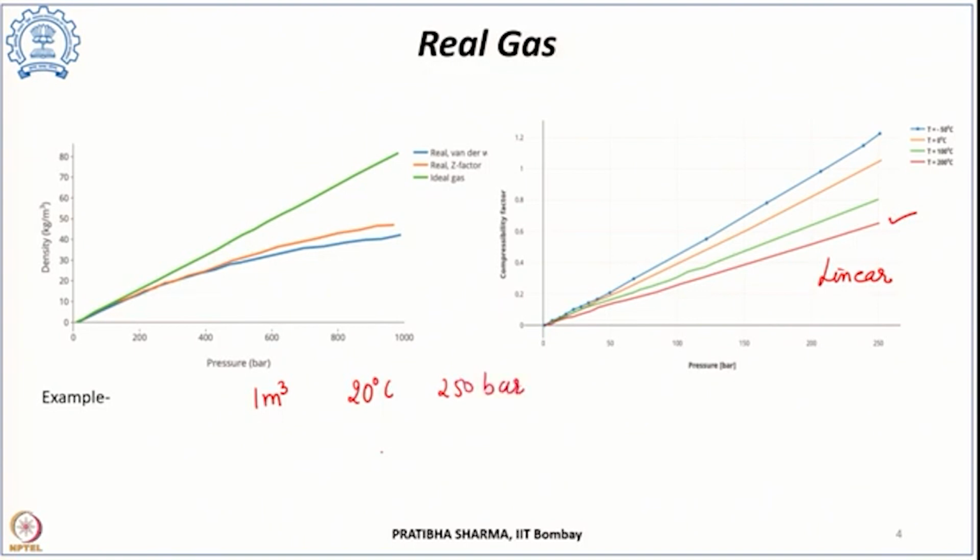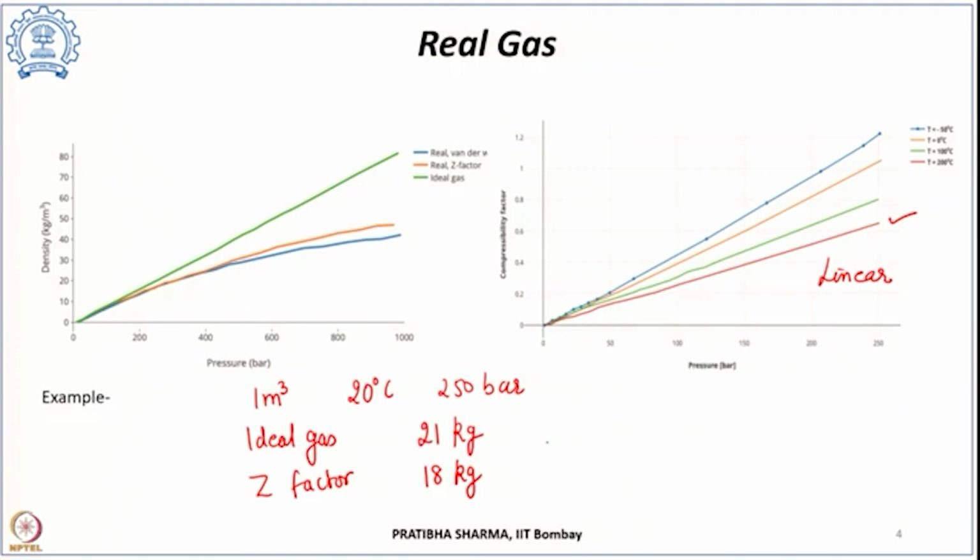Now if we use the ideal gas equation and if we use the compressibility factor to find out the mass stored, we find that using the compressibility factor the mass stored comes out to be 18 kg, while considering the ideal gas behavior it comes out to be 21 kg.